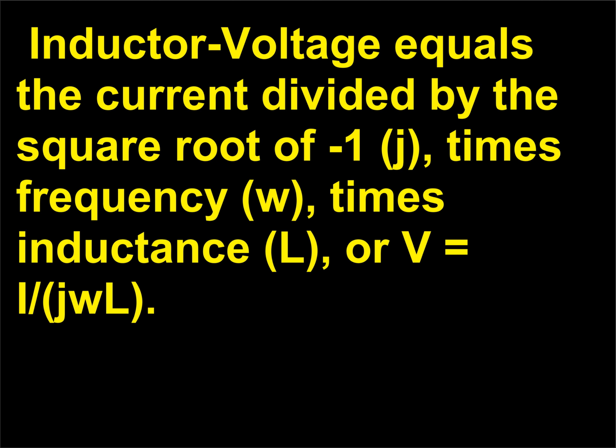Inductor voltage equals the current divided by the square root of -1, J, times frequency, W, times inductance, L, or V equals I/JWL.